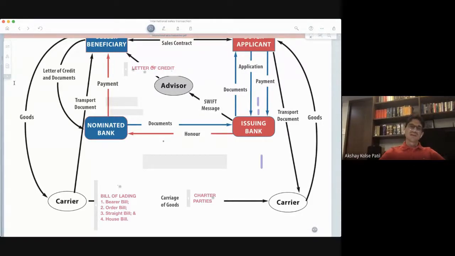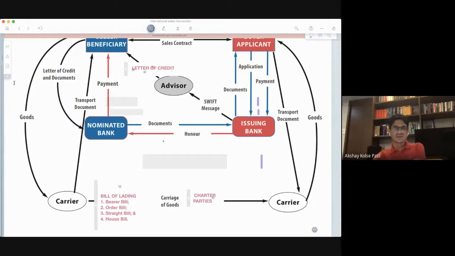Now, I have been asked to talk about bills of lading and charter parties. Now, these are two very different things. I'll go to the charter party first, because a charter party relates to hiring of a ship. So you are taking the entire ship.